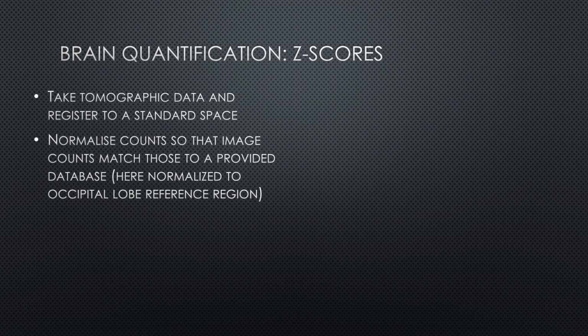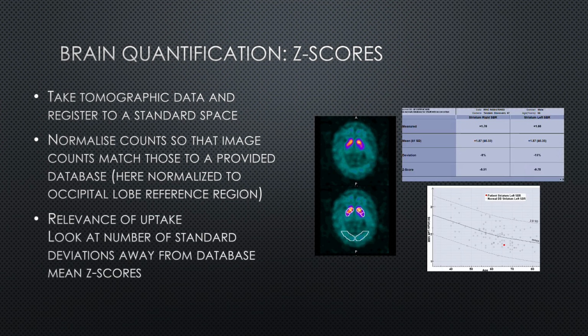So we could normalize to an occipital lobe reference region to make sure that the uptake in our reference region in our scan of interest matches that to what we have in our normal database. So then we look at the relevance of the uptake in terms of the number of standard deviations away from an average. And this number of standard deviations is called the Z-score.